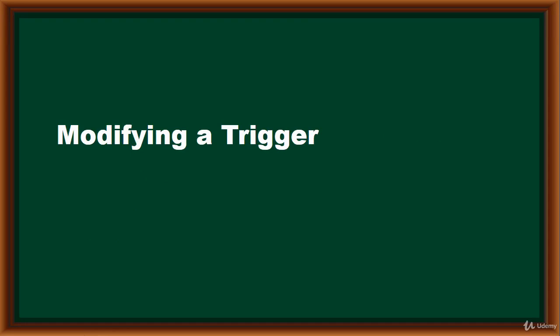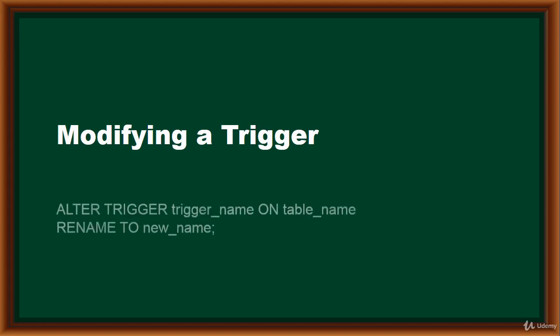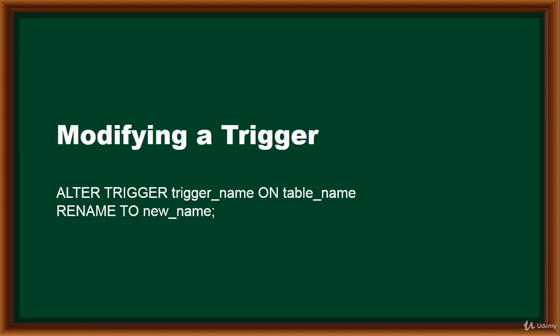To modify a trigger, you have to use the following syntax, and it begins with the alter trigger statement. So you use the alter trigger statement to modify a trigger. This statement is a PostgreSQL extension of the standard SQL language.